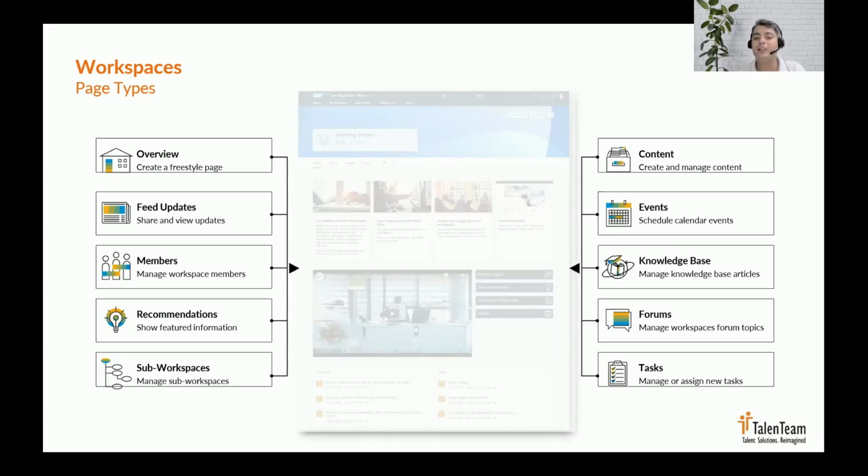You can have recommended featured information. You can add sub workspaces as well. So for example, I can create a workspace by the name of United Kingdom. Now, all the employees who are in the United Kingdom can be part of that.